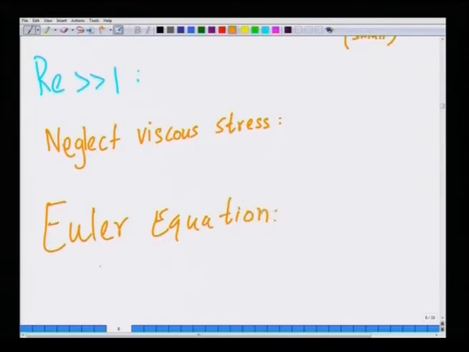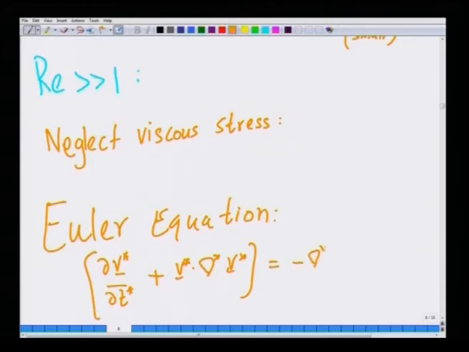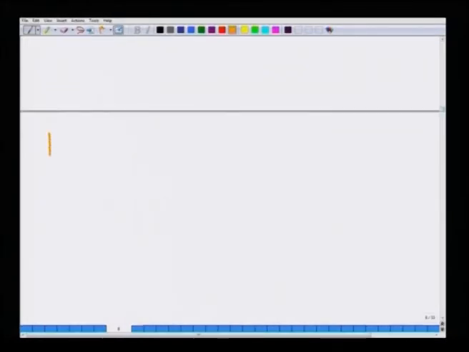So, the non-dimensional Euler equation is simply ∂V*/∂t* plus V* dot del* V* equals minus del* P*. And if there is gravity, we can write gravity, but if there is none, we can just leave it like that. So, this is the non-dimensional Euler equation, but we want to work with the dimensional Euler equation to begin with.